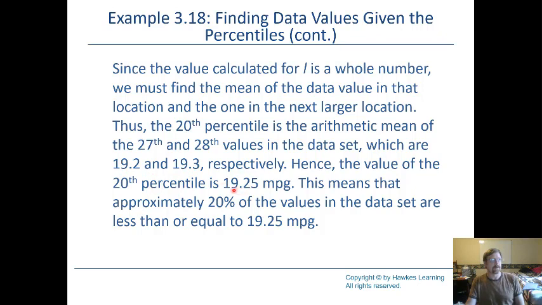So the value of the 20th percentile is 19.25. So approximately 20% of the values are less than or equal to 19.25. So if you're in the 80th percentile on your ACT, then approximately 80% of the people scored equal or lower than you.